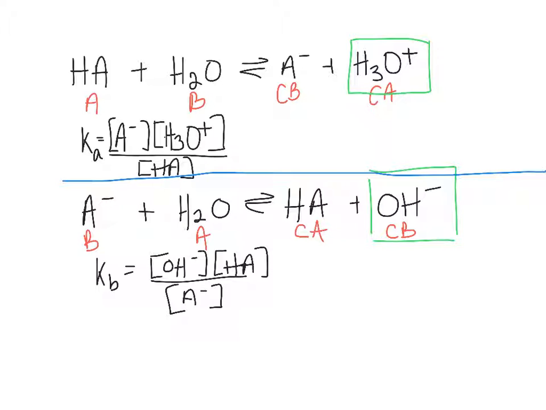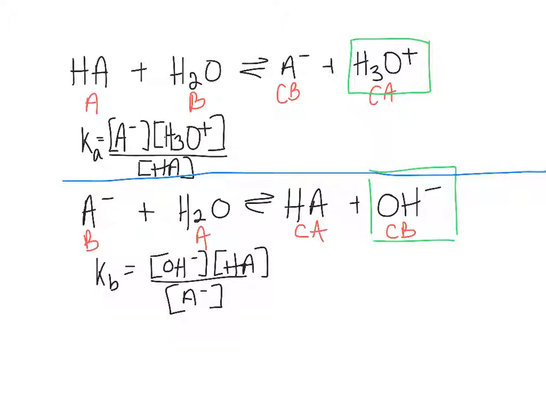The HA and the A minus. So what you have here is an equation for an acid followed by its conjugate base reaction. These two reactions are similar because one is the reaction of a weak acid, and the second one is the reaction of its conjugate base.